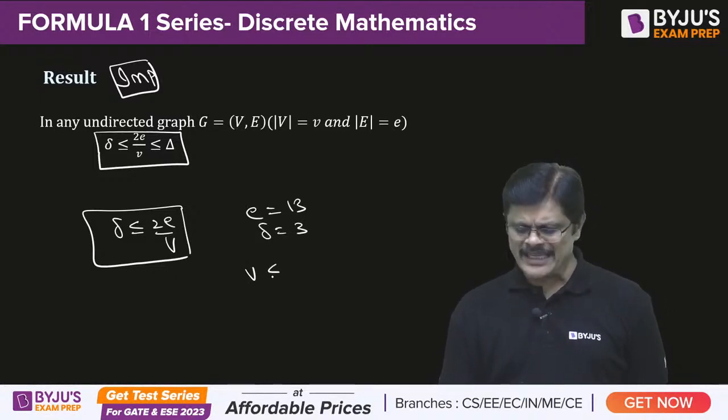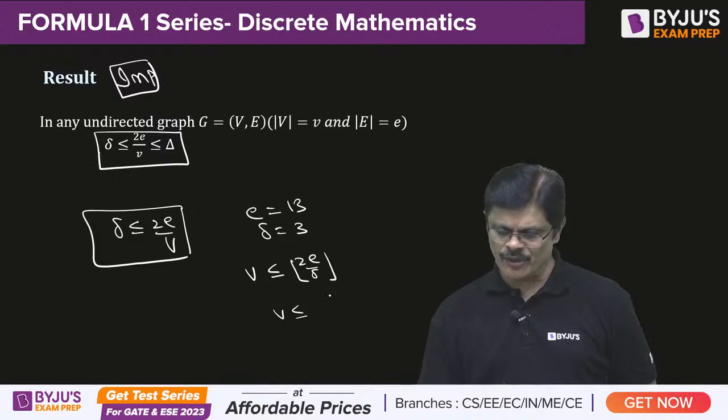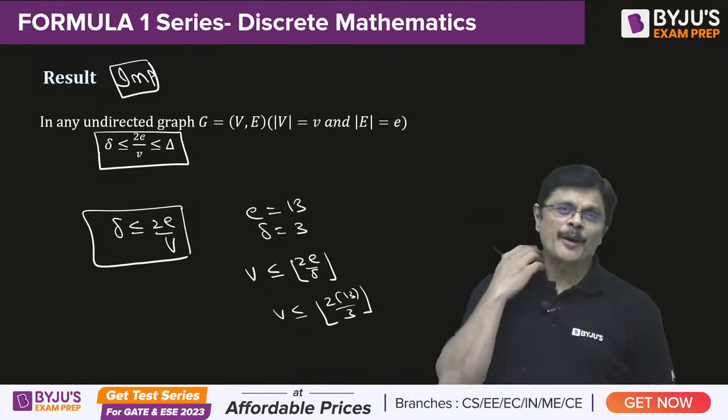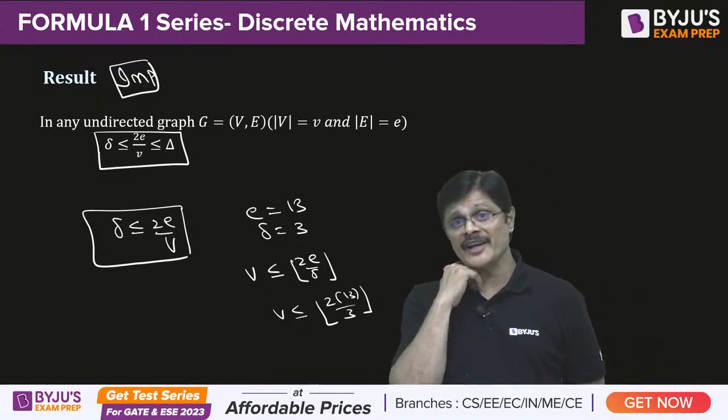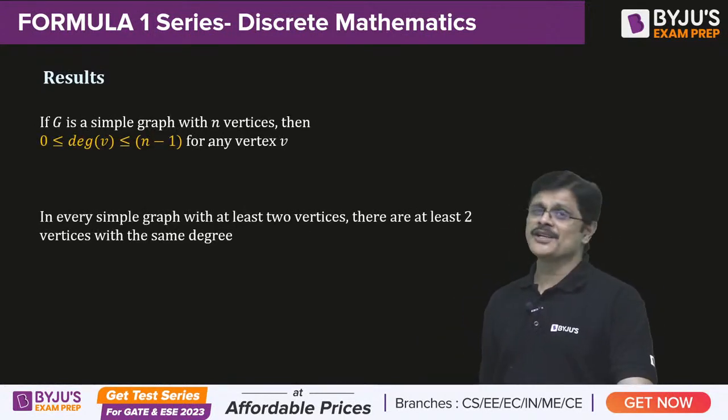Then what is the maximum number of vertices? You simply do 2E by delta with less than or equal to. That is V less than or equal to 2 into 13 by 3. The floor of that will give you the answer. So this type of problem is very, very famous and very, very important, and it is the most powerful result, my dear friends. Hope you understand.